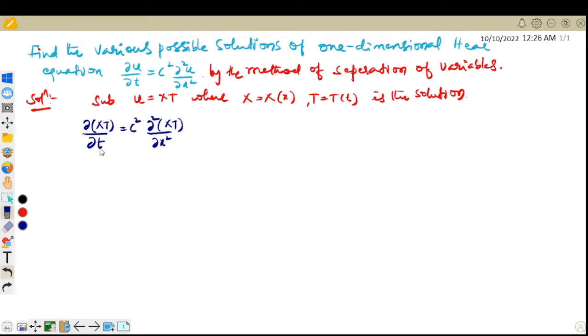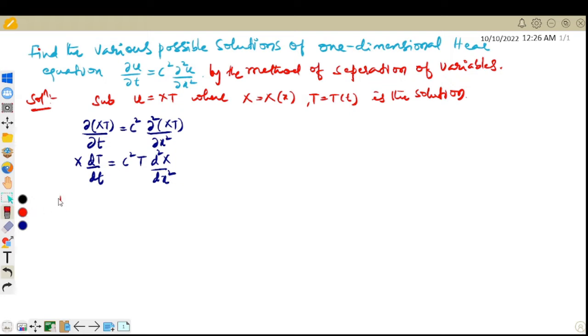On the left side the independent variable is small t, so capital X is treated as a constant. You can take it outside. If I take X outside, it becomes an ordinary derivative, dT by dt. Similarly, c square times, here you can take capital T outside, it becomes d square X divided by dx square.